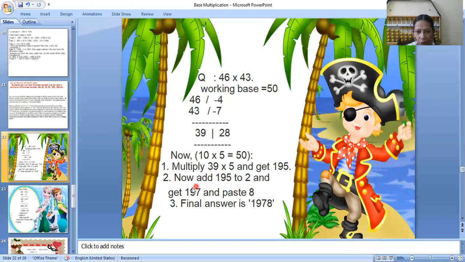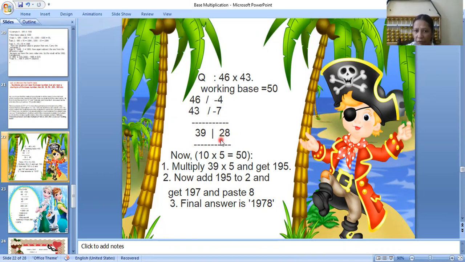And now what you have to do is add 195 with this 2. Why? Because in the base you can see here only 10 is here. So on the right hand side you have got here 2 digits, but you cannot keep here 2 digits. This 2 is extra. So you have to shift this 2.